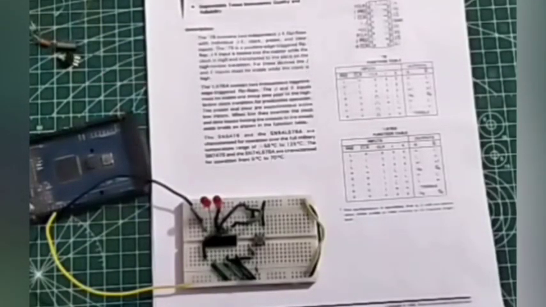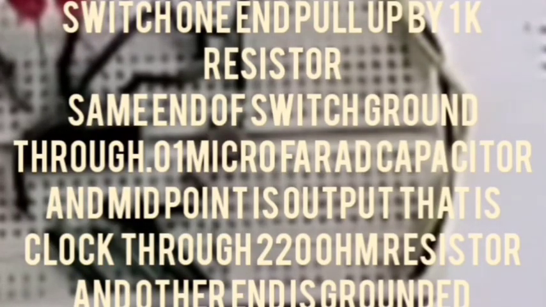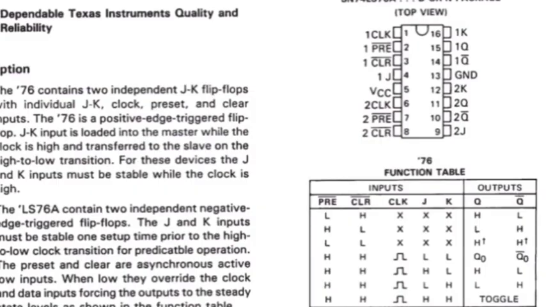See this data sheet. This is the pin diagram of the JK flip flop. Inside this chip there are two independent master slave JK flip flops. If this chip is 76 only, then it is the positive edge triggered flip flop.